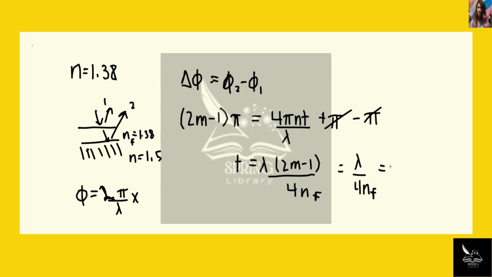And so we can do this for the different lambdas. I'm just going to write these as a set. So for lambda equals 450, we want to do 450 divided by 4nf, which is 4 times 1.38.